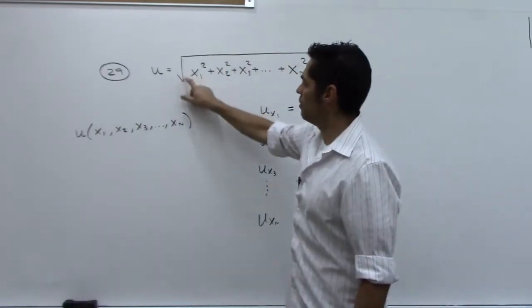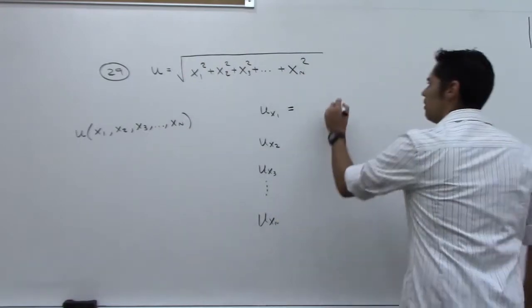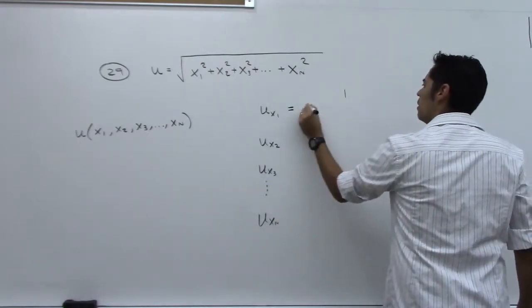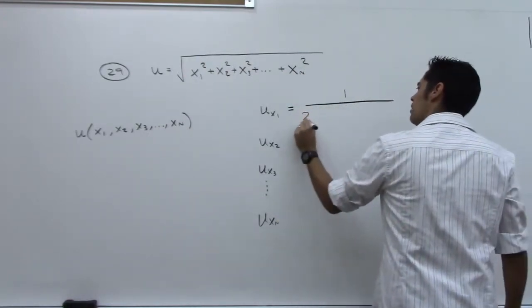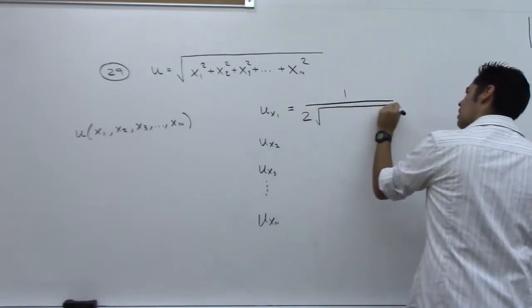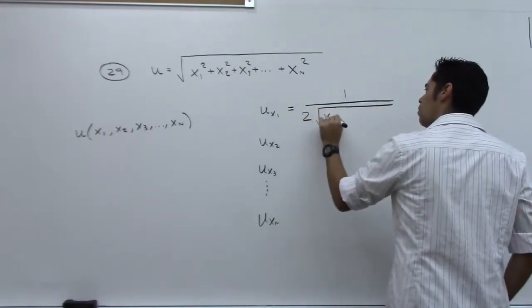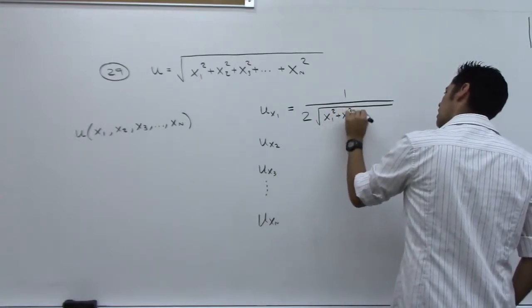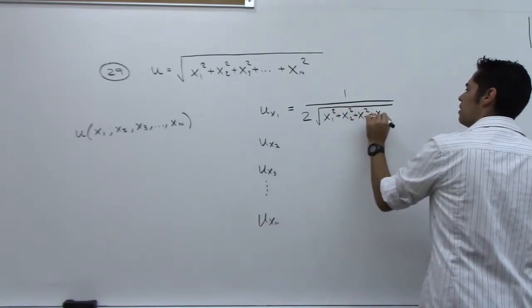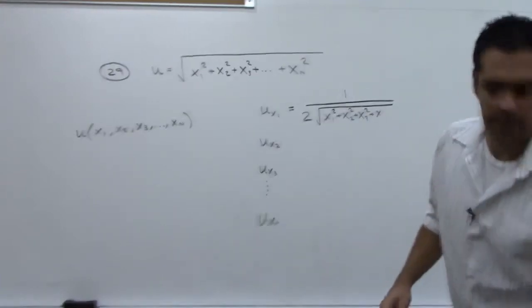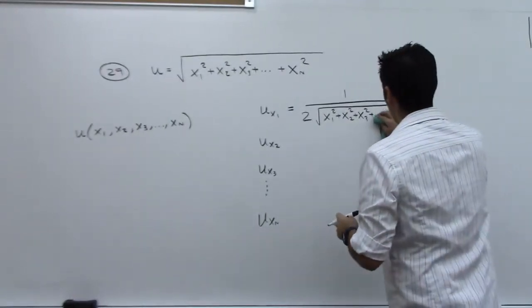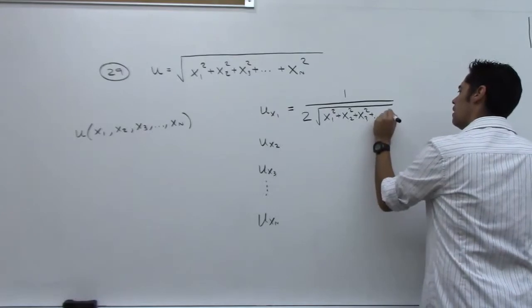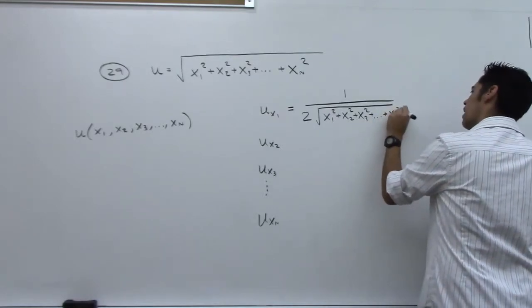What is the derivative of the square root of something? Well, from Cal 1 we know it's 1 over 2 times the square root of whatever that something is. So x1 squared plus x2 squared plus x3 squared plus dot dot dot plus x sub n squared.